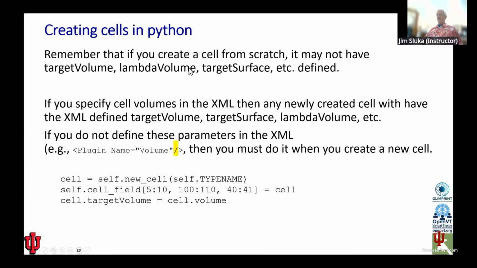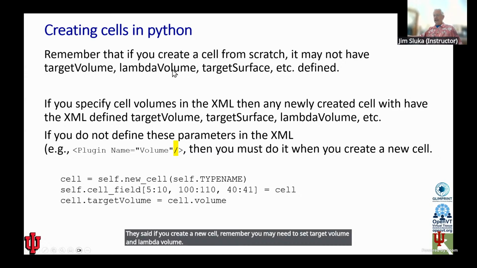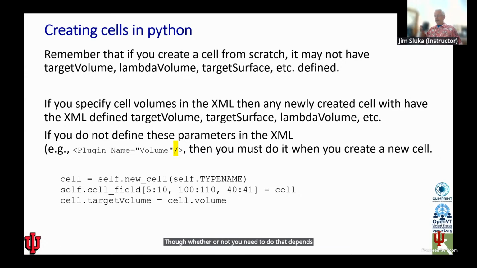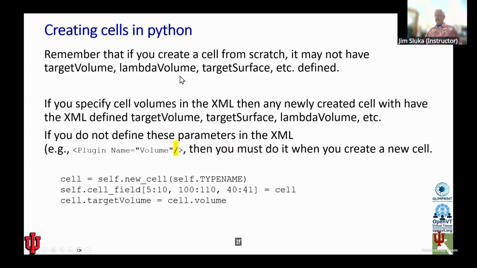They said if you create a new cell, remember you may need to set target volume and lambda volume. Though whether or not you need to do that depends on how you had set things like volume initially. If in your XML you explicitly set target volume and lambda volume, etc., by cell type, when you create a new cell, the new cell will inherit those targets.